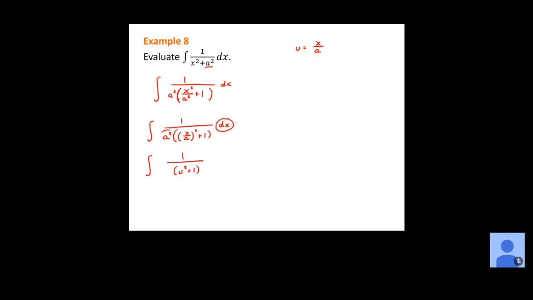But we also have this a squared down here in the denominator that we've got to do something with. So those are the two things we're trying to get. Well, what would the derivative of u be equal to this time?